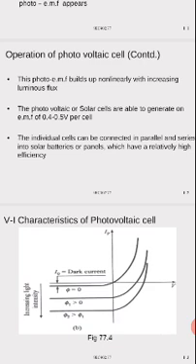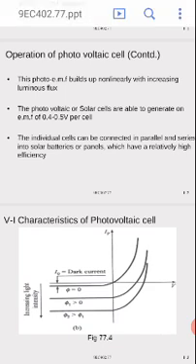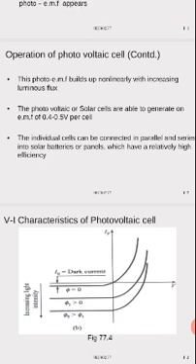As photon energy or light energy increases, the current increases. In the figure we can see, as light energy increases, more current flows through the device. That current increase we can observe.